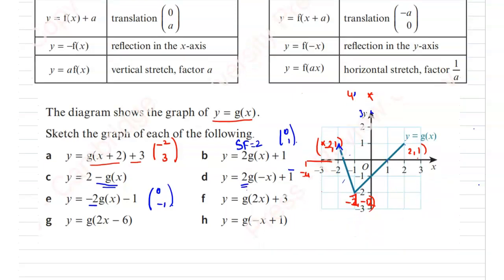Then f is g of 2x plus 3. Which means that the horizontal stretch with stretching factor 1 by 2 and the translation vector is 0 and 3. So now we will go accordingly. So x will be replaced as 2x. No, not 2x.